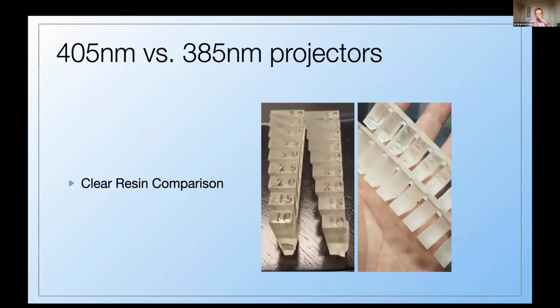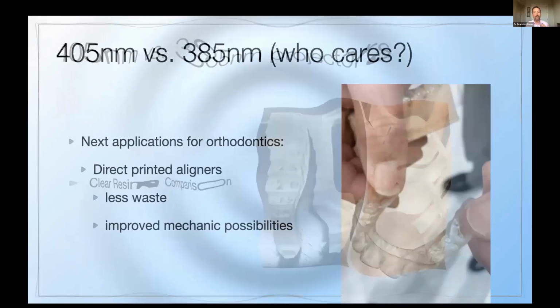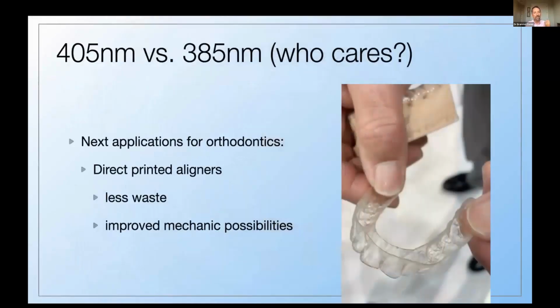The more of an overhang, the more of an angle of a part that you're printing with that 405 nanometer, the more of a wavy edge that you have. And with a model, it probably doesn't matter as much because we're just making a liner off of it, and a little bit of inaccuracy doesn't matter too much. When we're talking about things like indirect bonding trays, though, and direct printed aligners, those overhangs really do matter.